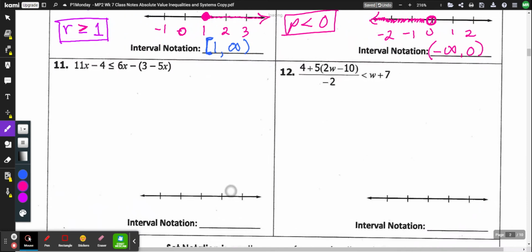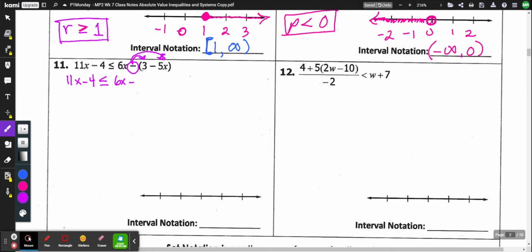Okay, let's take a look at the last two. These are the last ones we're going to do for today, and then we'll be done. 11x minus 4 less than or equal to 6x minus the quantity 3 minus 5x. I'm going to distribute this negative to the 3 and to the negative 5 that's inside here.